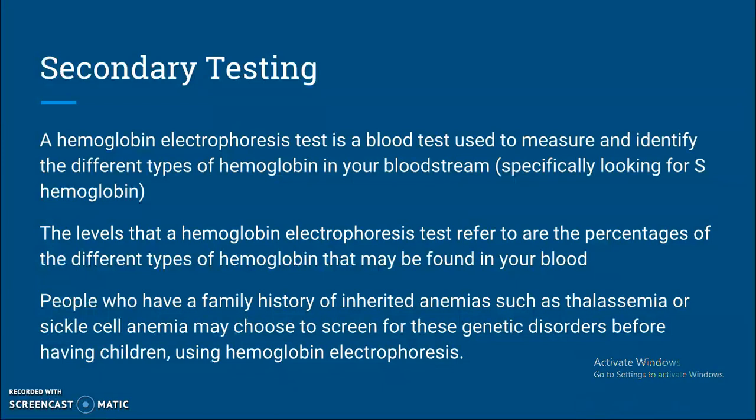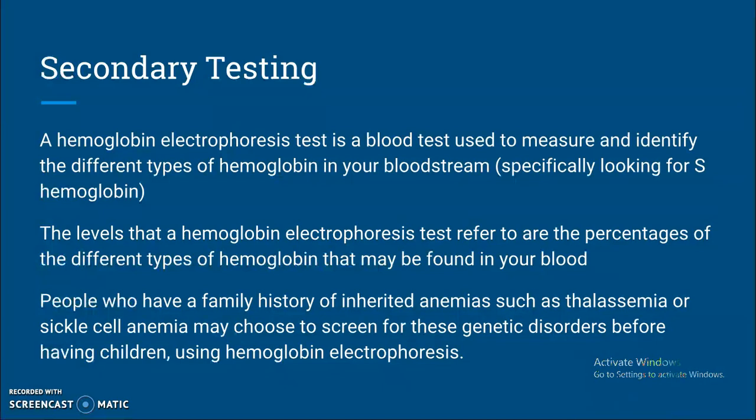So a secondary test that can be used is called a hemoglobin electrophoresis test, and it's a blood test used to measure and identify the different types of hemoglobin in your bloodstream. So they look at all different types of hemoglobin, but specifically for sickle cell disease, we would be looking at the S hemoglobin. The levels in that hemoglobin electrophoresis test refer to a percentage of the different types of hemoglobin found in your blood.